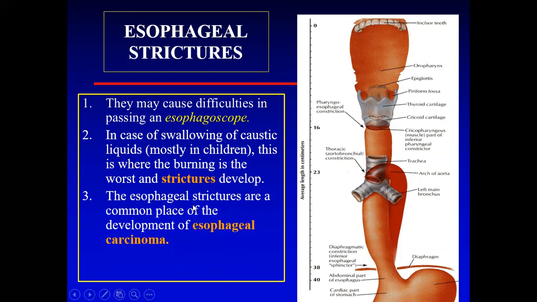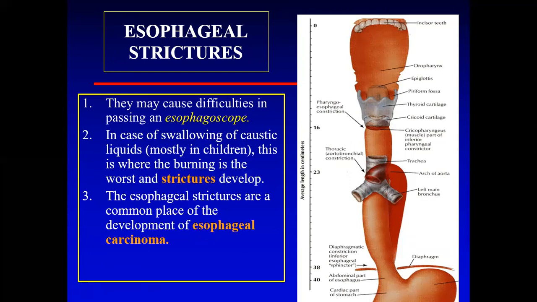The esophageal constrictions are a common place for the development of esophageal carcinoma also. This is because there is regular friction due to constriction when you are eating food or drinking water. So at that time, it might lead to friction.